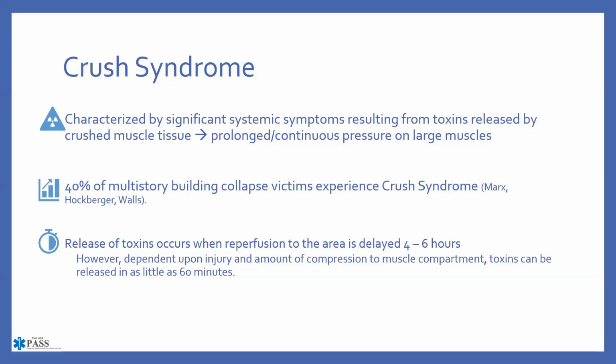Then those toxins are released into the bloodstream and circulate around. Once it gets to the kidney and the heart, it's going to cause some other issues. They may end up having some renal insufficiency and renal failure, and they may also have some cardiac disturbances. So we're going to talk about what we should do for those situations.